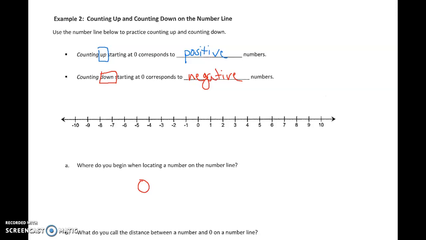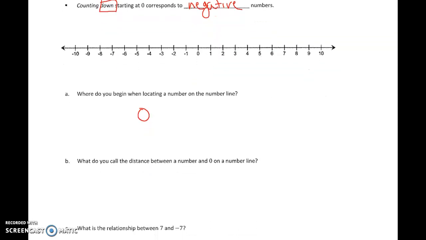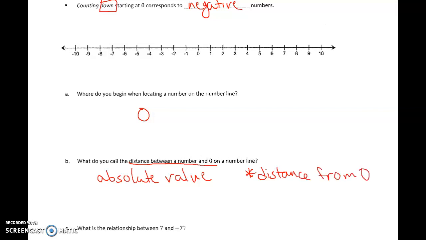Now, what do you call the distance between a number and 0 on the number line? And hopefully you remember that that's called absolute value. Absolute value is the distance from 0 on a number line.